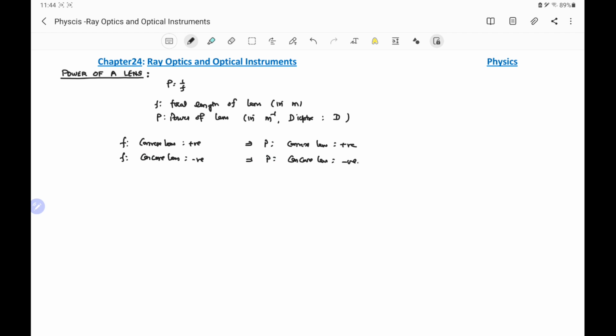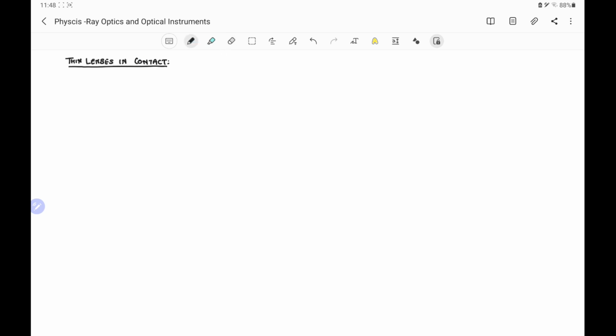Two lenses in contact: say one of the lenses is a concave lens, also called the divergent lens, and the other is a convex lens, or the convergent lens. They have a common principal axis and an object O is taken on the principal axis.